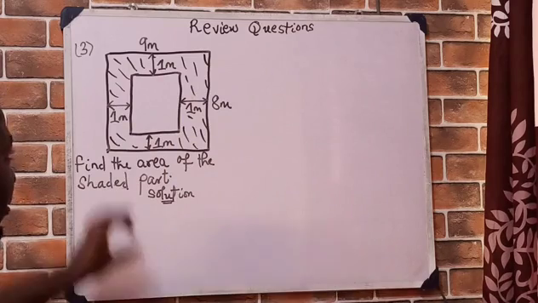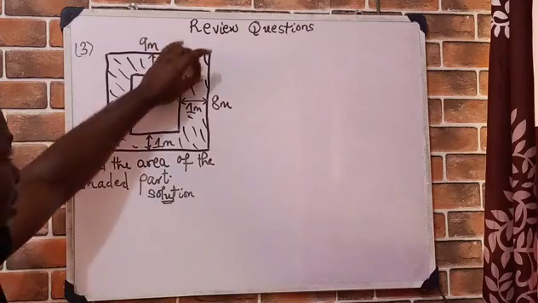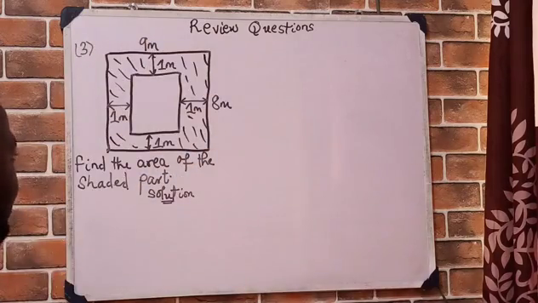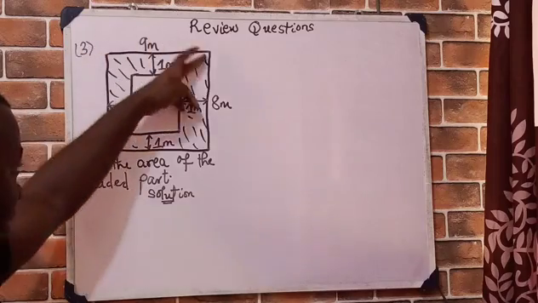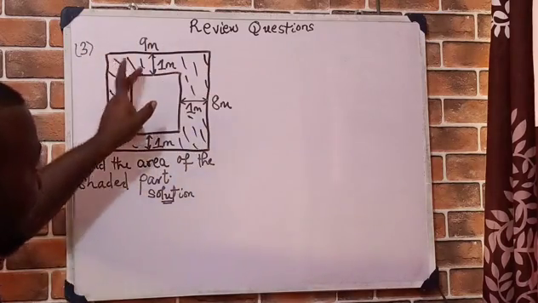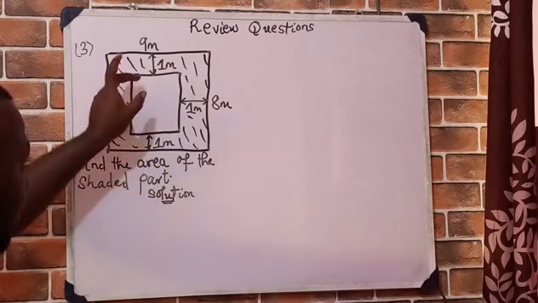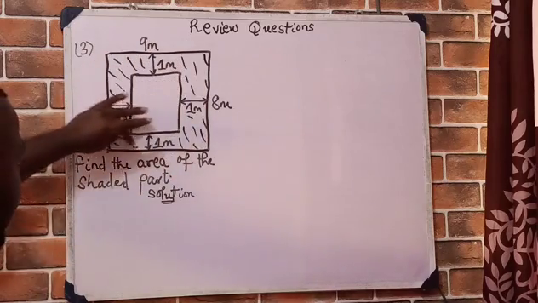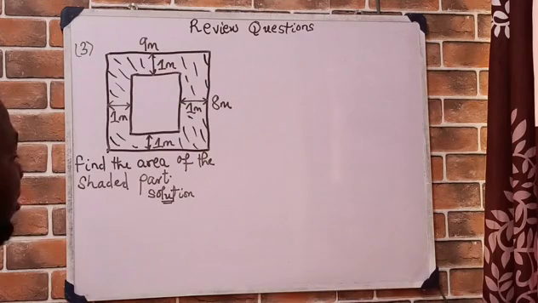And we're asked to find the area of this empty space, which is shaded. How to get that? We need to know the area of this bigger figure and then subtract from it the area of this smaller figure, and that will give us the area of this space here, which is the shaded part.